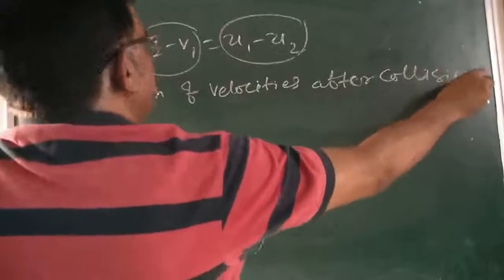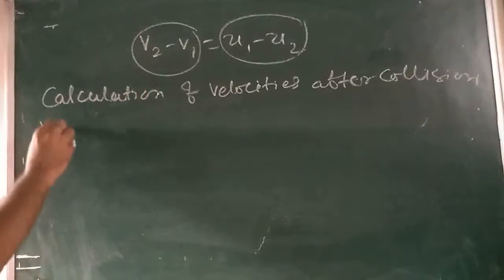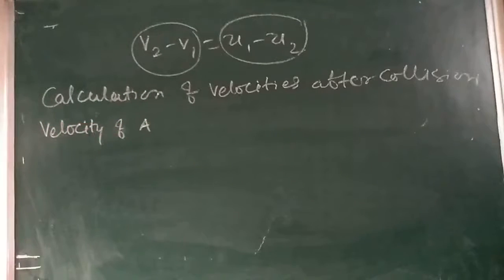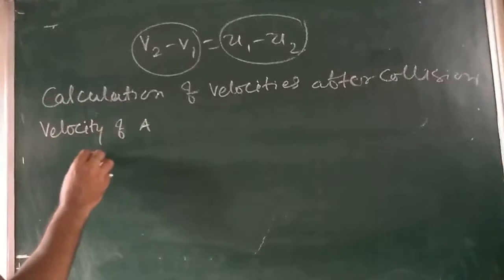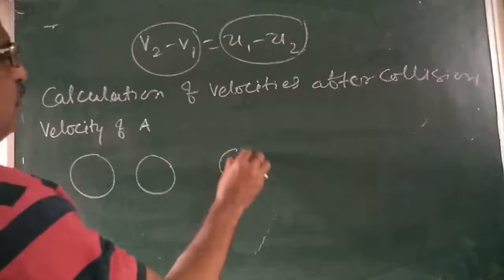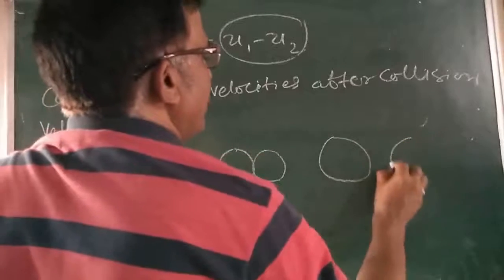After collision, that is velocity of A, that we are going to find out. Our figure, just again we rewind. Here is our first body, here is our second body. It is during collision, and after collision, here is the position.